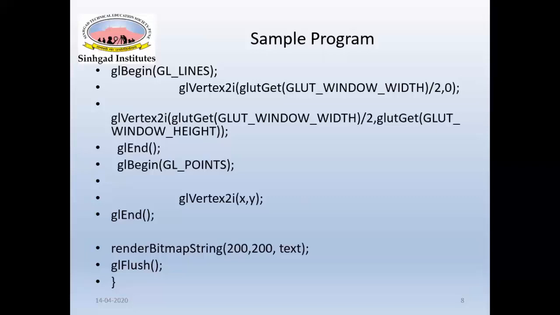Then we are going to call our render bitmap string function at the 200, 200 location, that is x 200, y 200, and the text which is initialized in text gets printed, that is SKNCOE at location 200, 200. And at the last we are going to free all the memory used by the inbuilt functions of graphics libraries, that is glFlush. It flushes all the memory used so far.